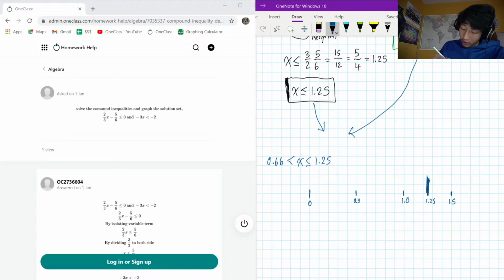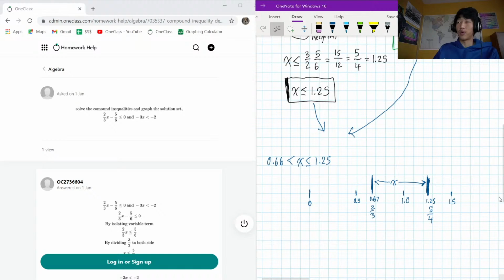So about here, 0.6, it's close to 0.67. So x can occupy anywhere within this space. So this would be 2/3, and this would be 5/4. This is the region that x can occupy.